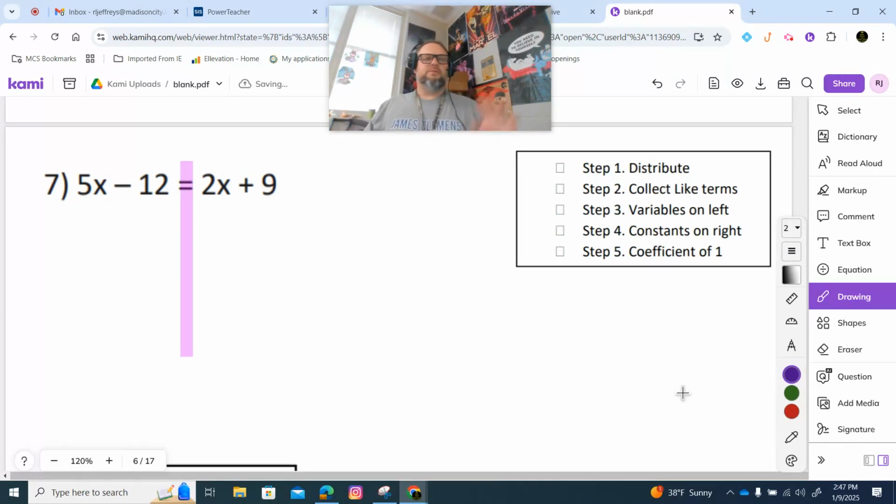number seven, we don't have to distribute because there's no parentheses. Collect like terms. I have a variable and a constant on that side, a variable and a constant. They're not like terms. So, nope. Variables on the left.